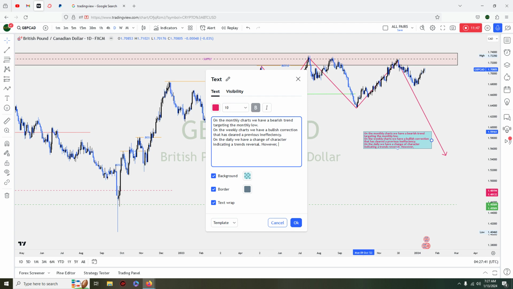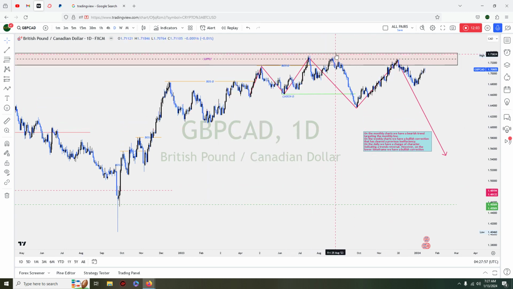However, on the lower time frame, we have a bullish correction. Why am I saying we have a bullish correction? We had a change of character, now we're having a bullish correction.